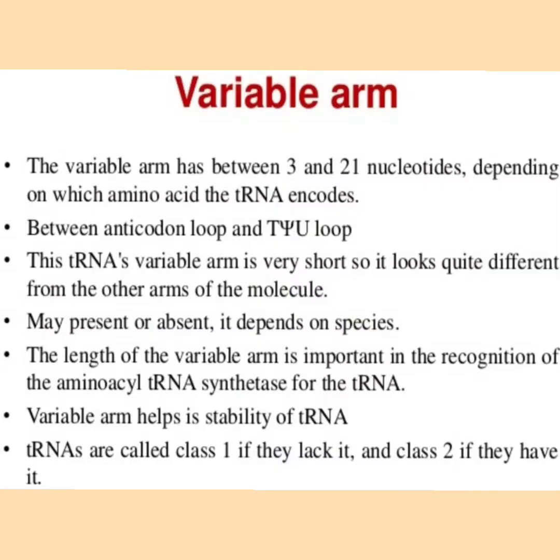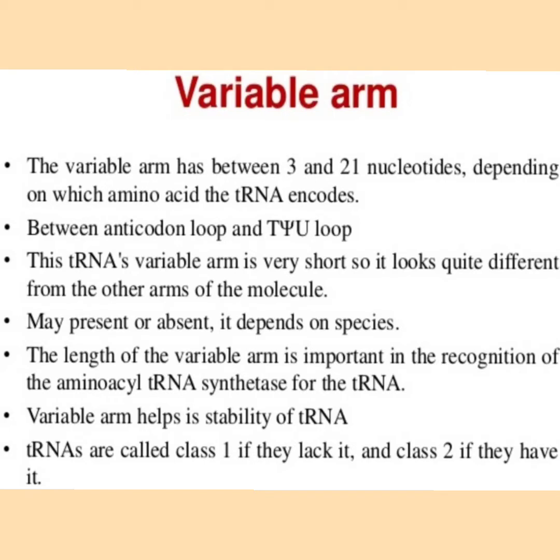Something about the variable arm. The variable arm has between 3 and 21 nucleotides, depending upon which amino acid the transfer RNA encodes. Between the anticodon loop and the T pi C loop, this transfer RNA's variable arm is very short, so it looks quite different from other arms of the molecule.